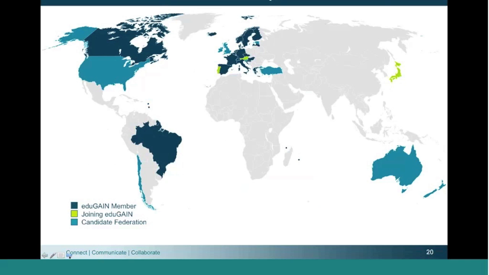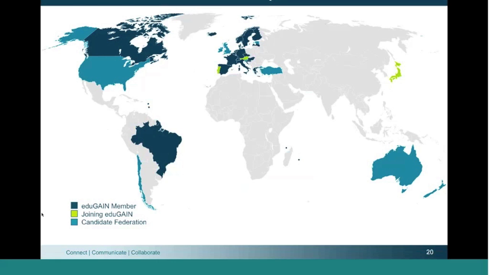So this is a global map of interfederation participants at the moment. So you can see from this map the dark blue color. Hopefully it displays well on your screen. The gray does not display well on a data projector, but since we're all using our desktops, laptops, or iPads to view this webinar, it should be easy to see.